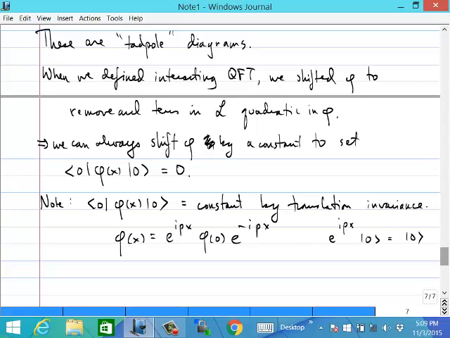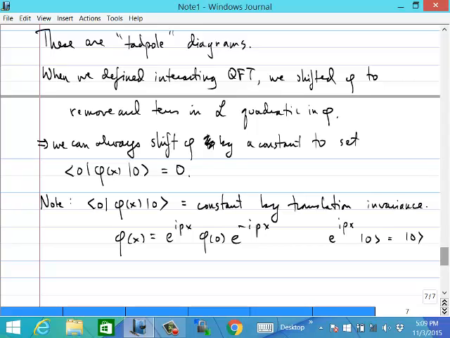But once you start computing quantum corrections, perturbative corrections, suddenly you get a quantum mechanical contribution to the vacuum expectation value of phi. And just as you removed the vacuum value of phi classically by shifting phi, you can remove its quantum contribution as well by shifting phi.